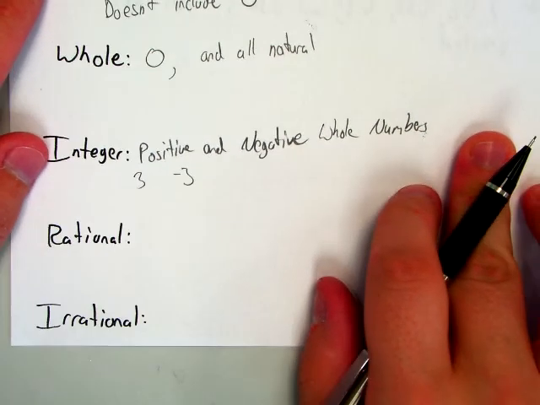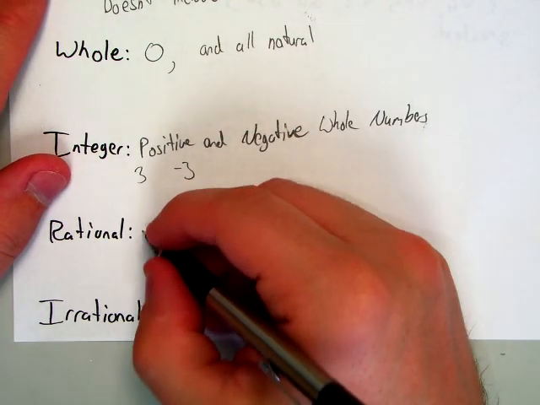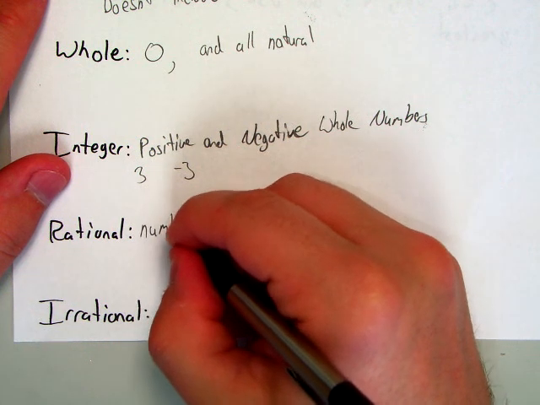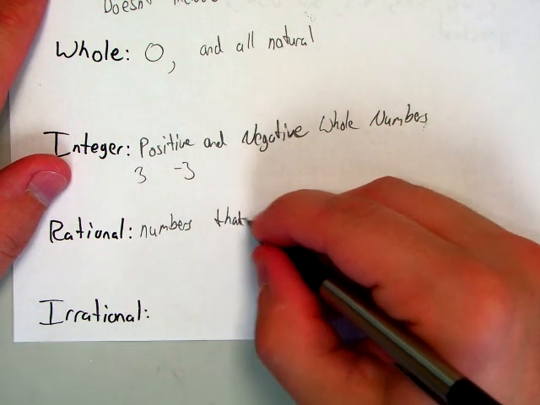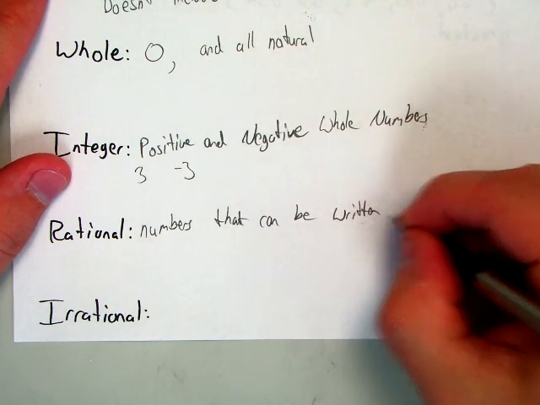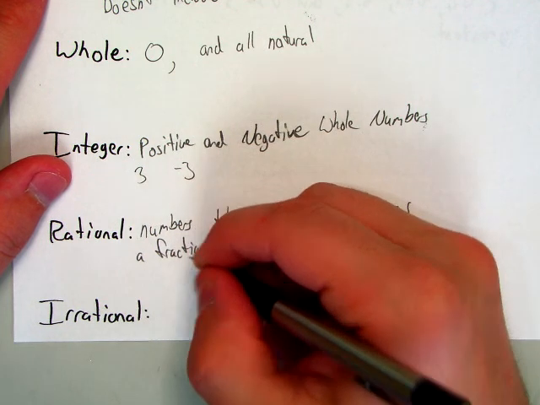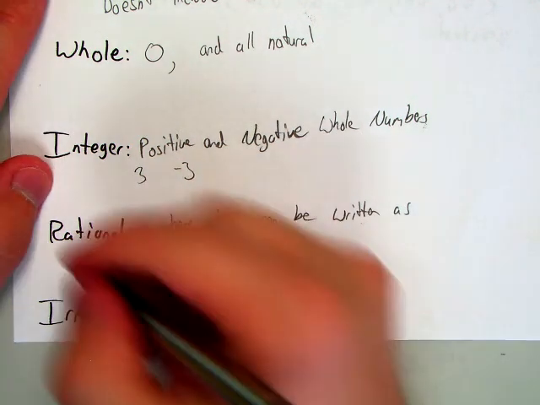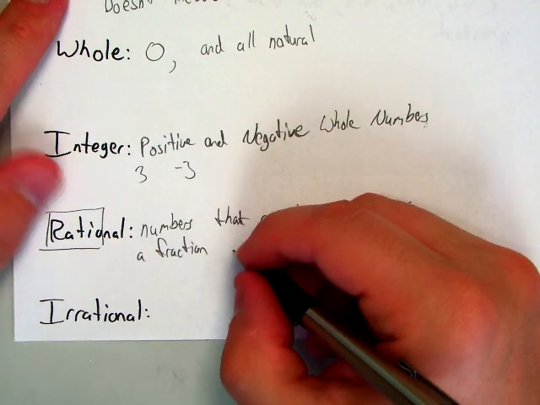Now, the new parts here, looking at rational and irrational. Rational numbers are numbers that can be written as a fraction, because the word ratio is in the word rational.